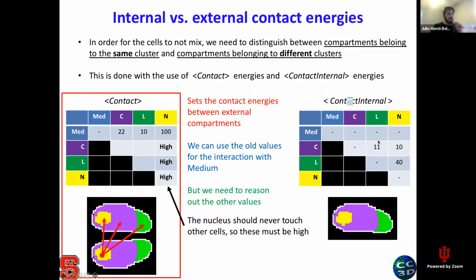Yes, the cytoplasm wants to touch the lamellipodia, and wants to touch the nucleus for sure, so they are low here. When you talk about the cytoplasm with the other lamellipodia, the other cytoplasm, should that be about the same, higher, or lower? Maybe just higher than 11.